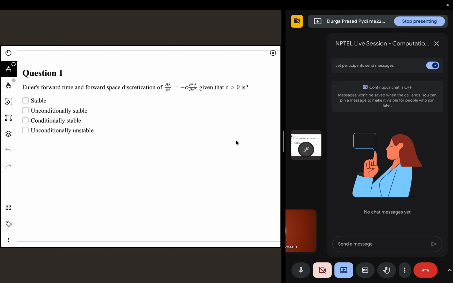Maybe you can answer this. Euler's forward time and forward space discretization for this particular equation, dphi/dt equals minus c dphi/dx, given that c is greater than 0. Which one of these is true?